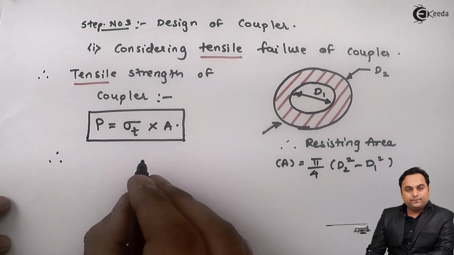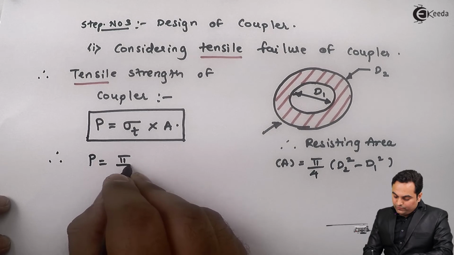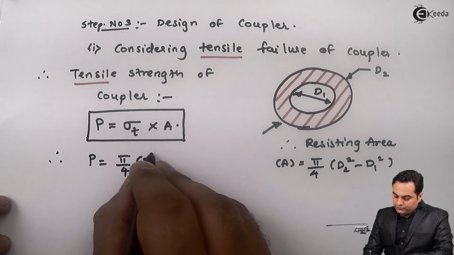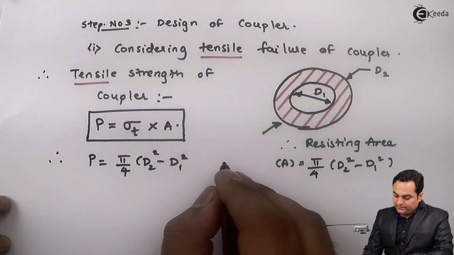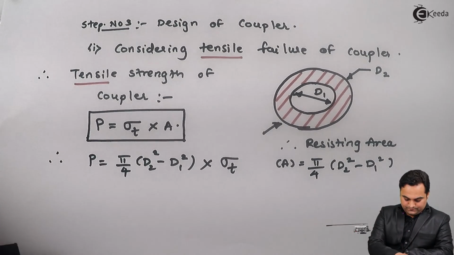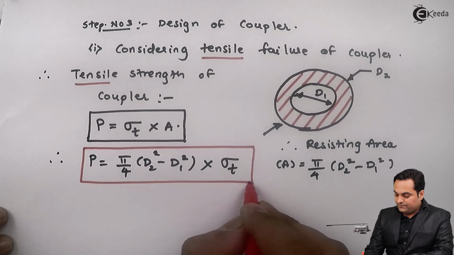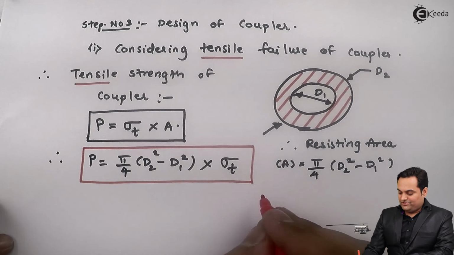So hence P is equal to, area is pi by 4 D2 square minus D1 square, into tensile stress. So this is equation number 5 for us.